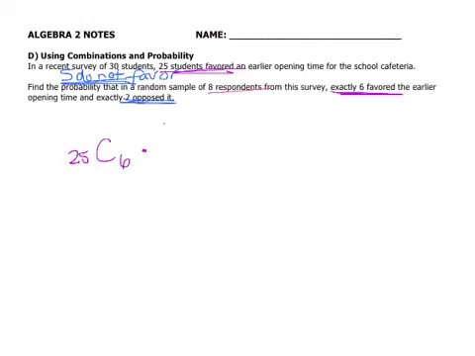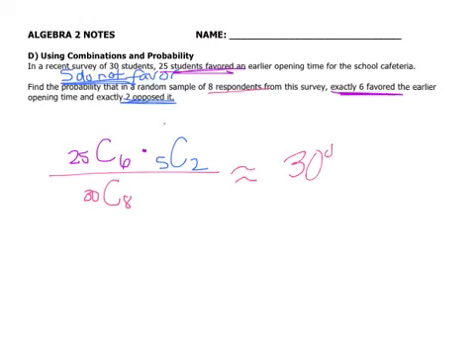Times the number that did not favor, so 5 that did not favor it, choosing 2. Now we want the probability of this. So what we need to do is divide that by the total. So the total is that we are having a total of 30 and we're choosing 8. From here, just put this on your calculator. We should be getting about 30%.